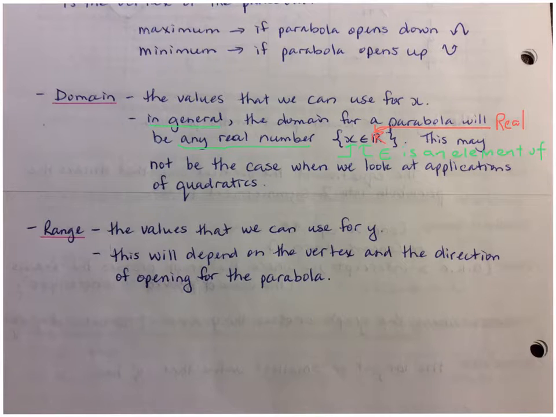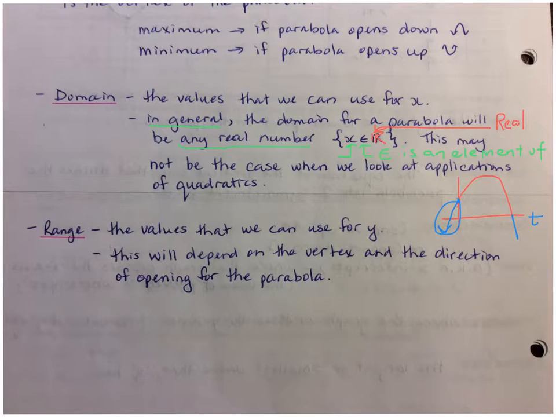Once we look at applications, so we started this unit with applications, and we talked about the rocket being launched, the soccer ball being kicked, or a ball being thrown off the roof of a building, we don't want to look at the entire parabola. This segment here is meaningless, because if this is time, time doesn't make sense to be negative in this context.